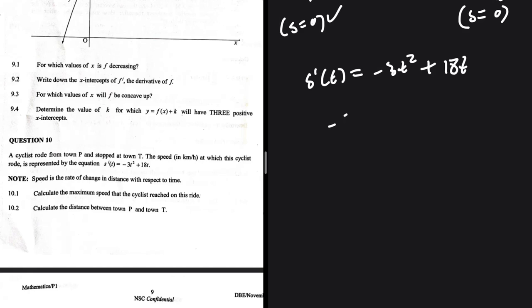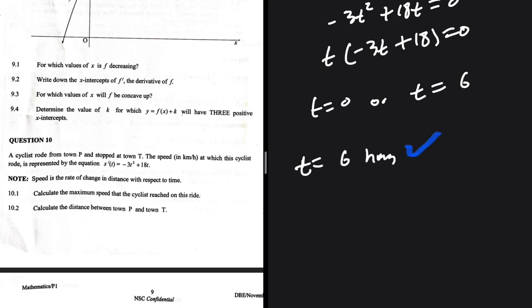So minus 3t squared plus 18t is equal to 0. If we take t as a common factor, minus 3t plus 18 is equal to 0. t is equal to 0, or t is equal to 18 divided by 3, that's 6. So our time t is 6 hours.